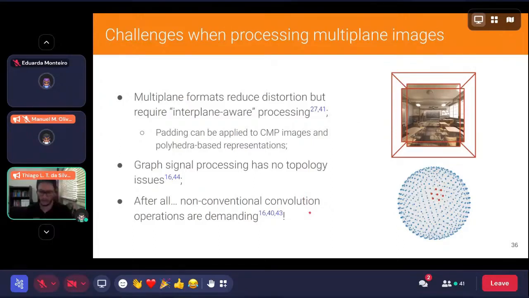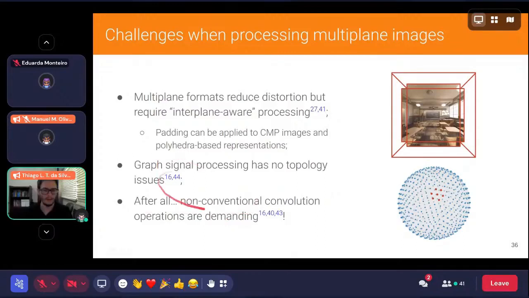One problem of adopting any kind of treatment for spherical image processing is that we have GPUs, and these GPUs are focused on tensor processing, where the information is regular, and any adaptation that deviates from that regular processing will introduce some kind of slowness.